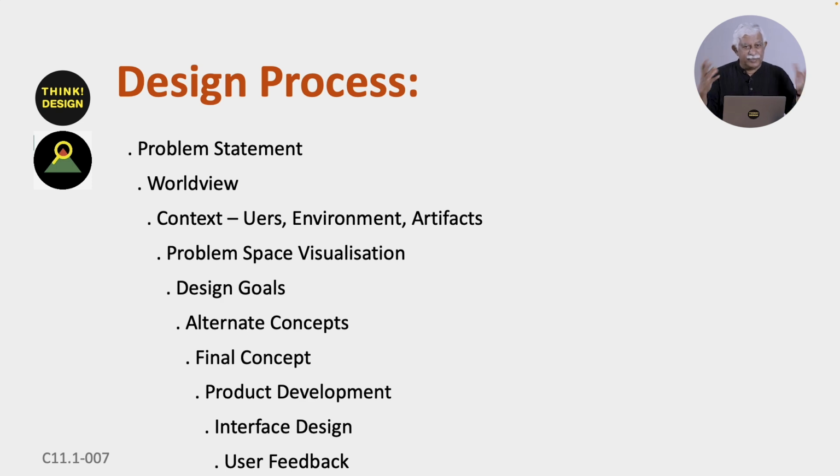Then visualizing this problem space, then restating the problem statement along with forming the design goals, then ideation with alternative concepts, and finally coming to one concept, and then going on to product development. But before that, there's a very nice scenario showing how the product is used, and then on to details like interface design, and then looking at the technology and getting user feedback on this.